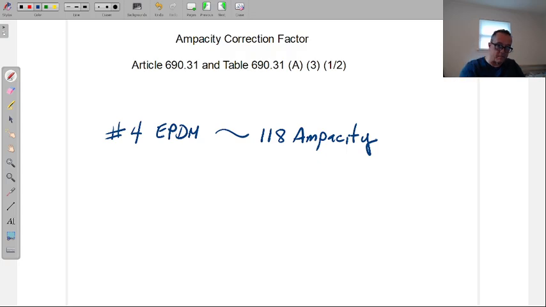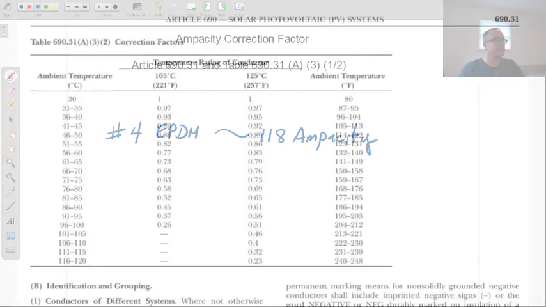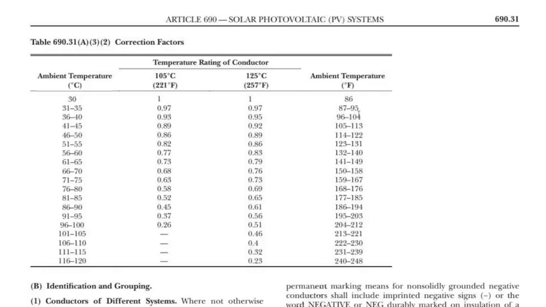But if this number 4 wire is in, let's say for example, 106 degrees Fahrenheit, now it cannot hold 118 anymore. So you are going to find the correction factor, and this is where it gets confusing, based off of the temperature of the insulation.